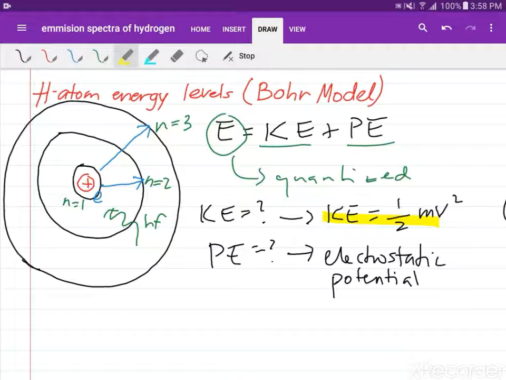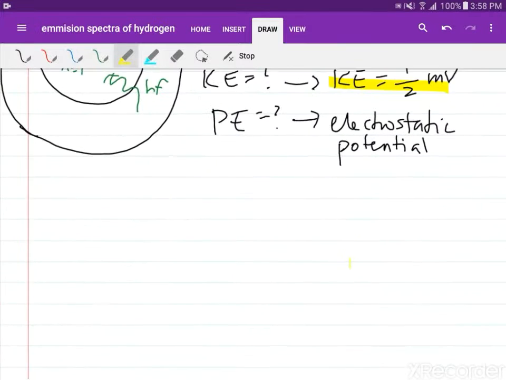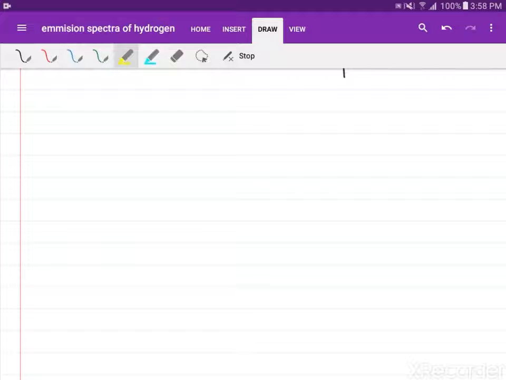So recall from our classical model using Newton's laws, we solve for the radius. Actually, we can also solve for the velocity of the particle, or in this case, our electron inside the hydrogen atom.